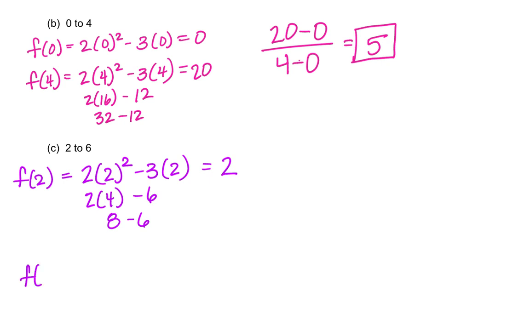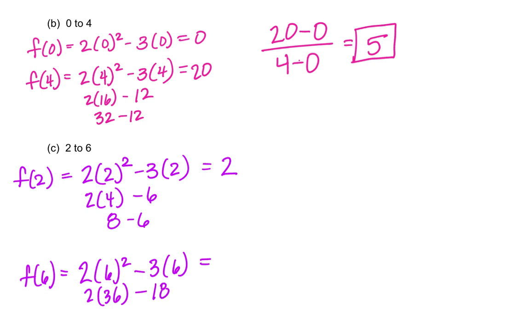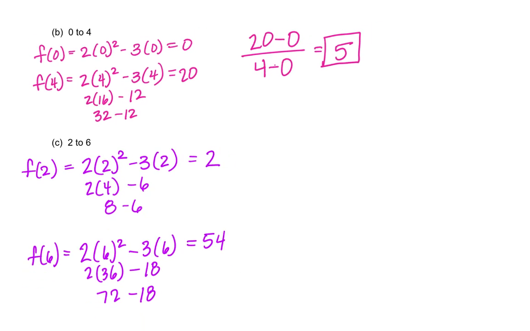And f of 6. 2 times 6 squared minus 3 times 6. 2 times 36 minus 18. 72 minus 18 is 54. I'm sorry, it blocked that.